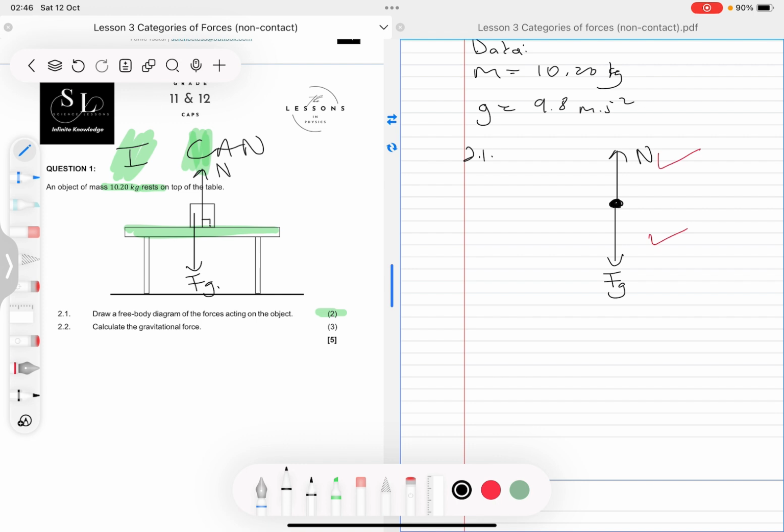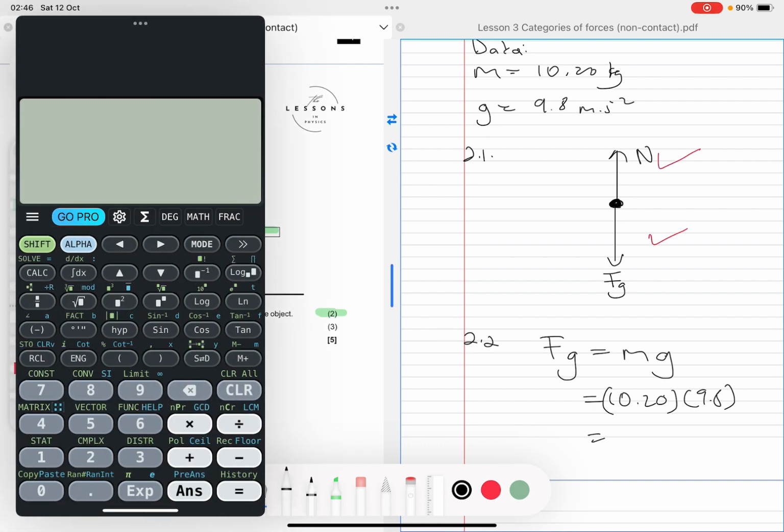Now, if we go to question 2.2, they say calculate the gravitational force, right? So this, again, as part of our classification, you can see that we use the formula as we just discussed. This would be 10.2 times 9.8.